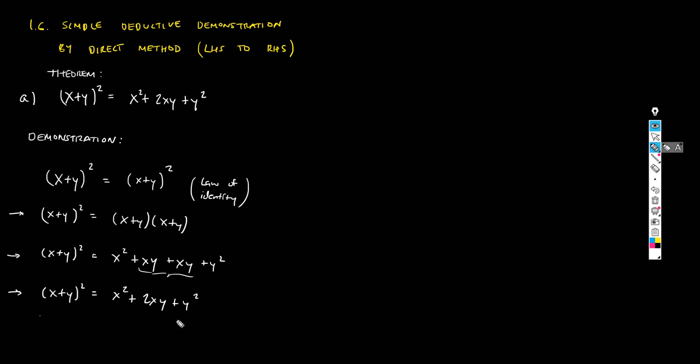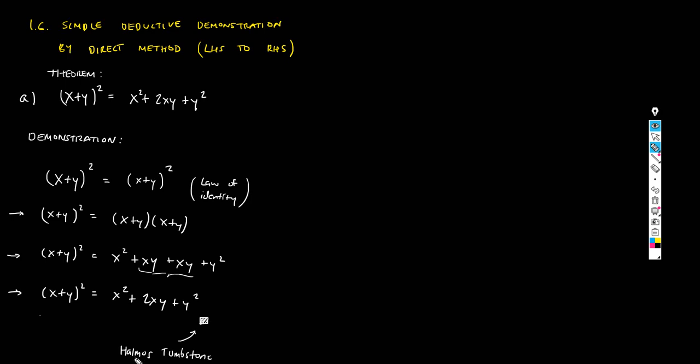And let me show you another thing that we're going to be using a lot in demonstrations. I'm going to write this little square. Let me tell you what this is. This is known as the Halmos tombstone. La lápida de Halmos.